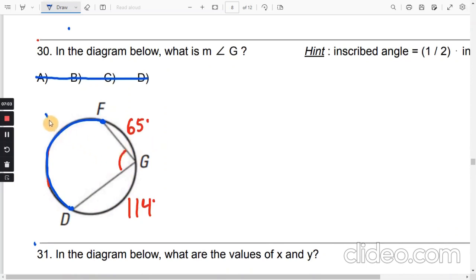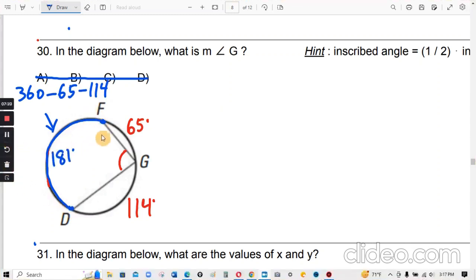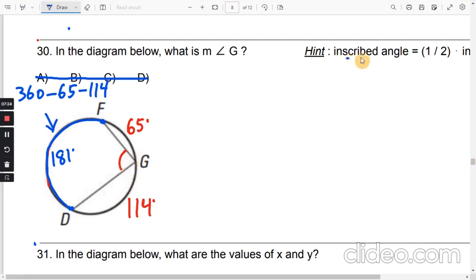All right, so this right here is going to be 360 minus 65 minus 114. I'll do this on the calculator to get the measure of that arc, and I get 181 degrees. So the inscribed angle is going to be half of the arc.